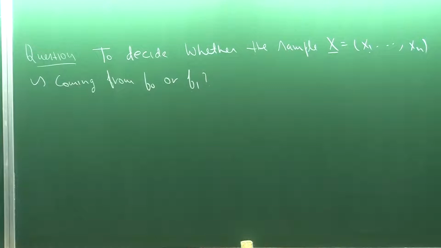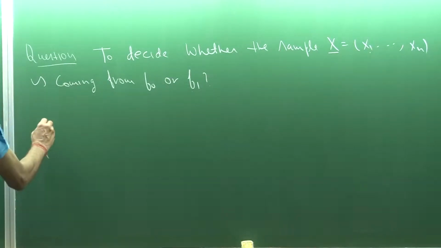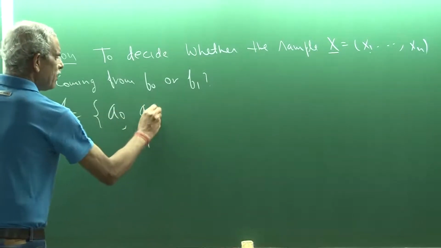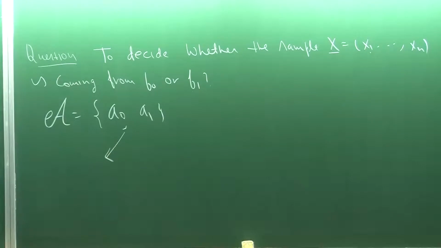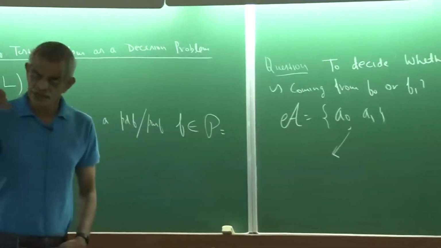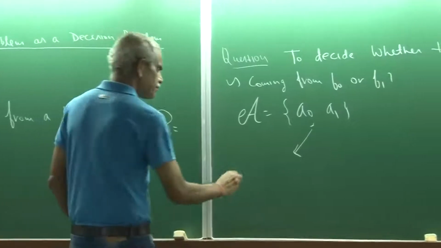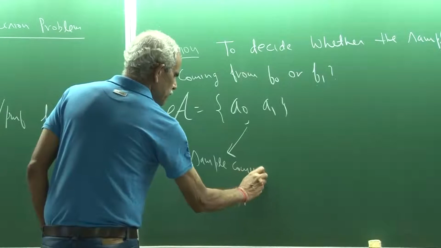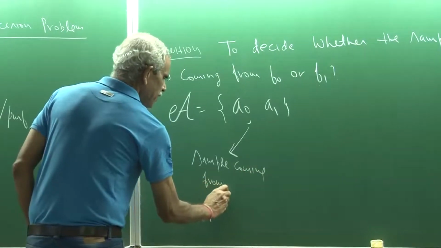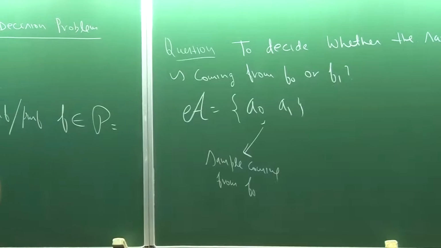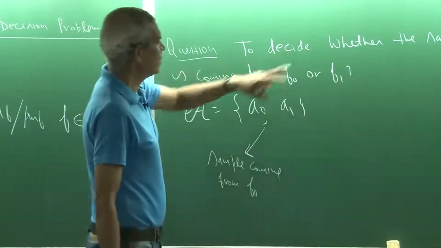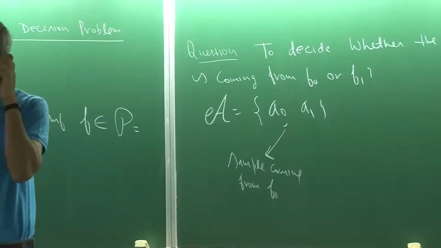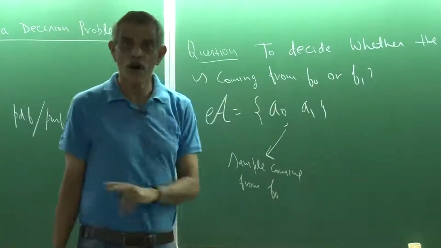How many actions are available to us? There are two actions available to us. I call them a0 and a1, where a0 says that, look, your sample is coming from f0, which is equivalent to saying that the true state of nature is f0. So what I am interested in is to decide what is the true state of nature, or the true probability distribution from where the data is coming. So the true probability distribution is f0 or f1.